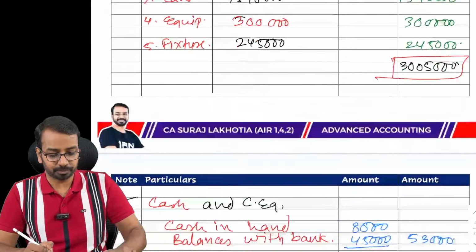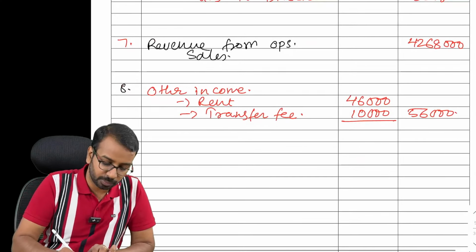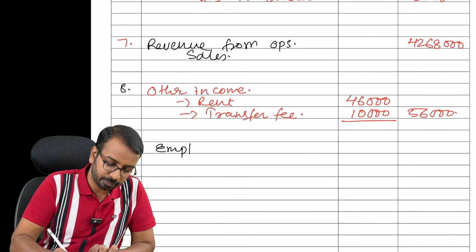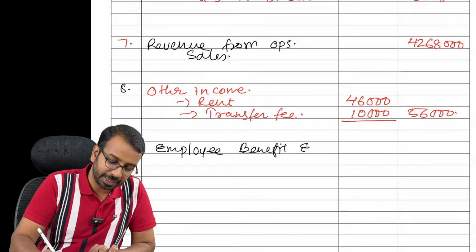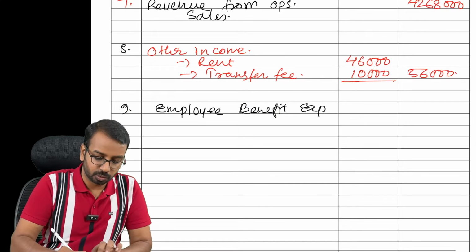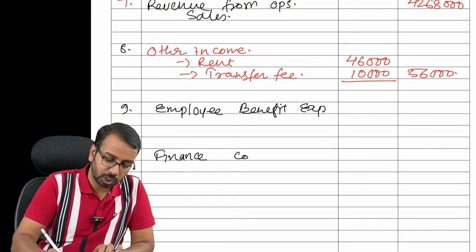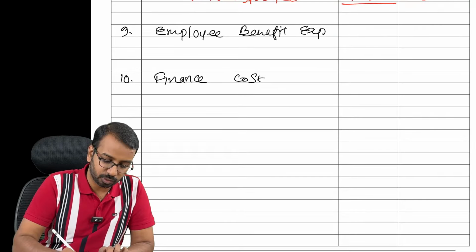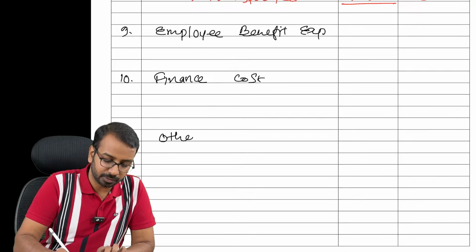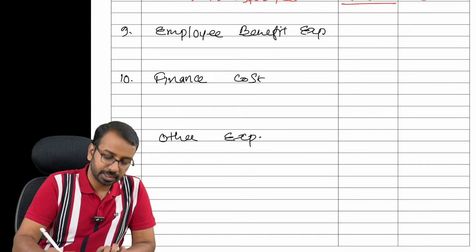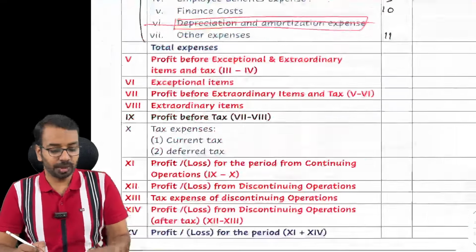So write down note number 9, employee benefit expenses. Note number 10, finance cost. And note number 11, other expenses.